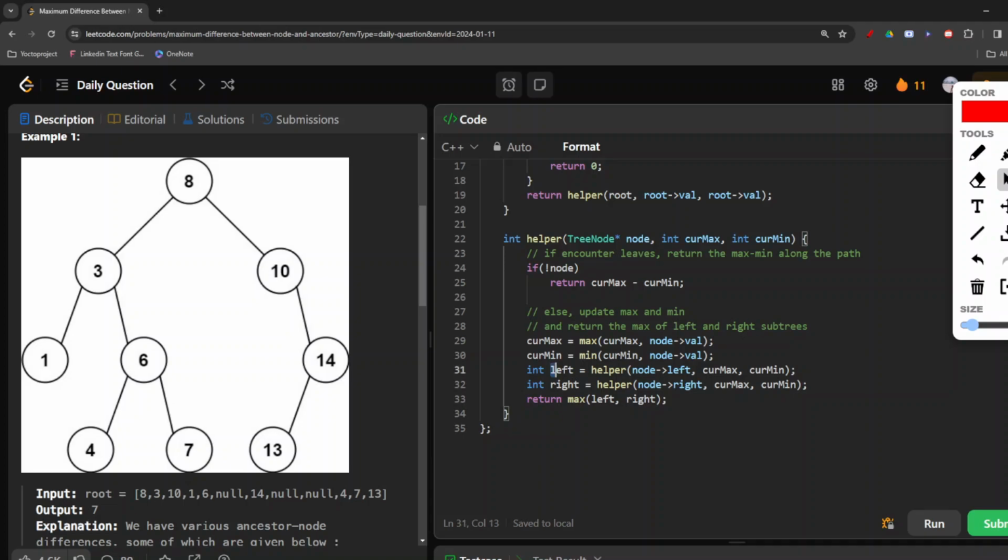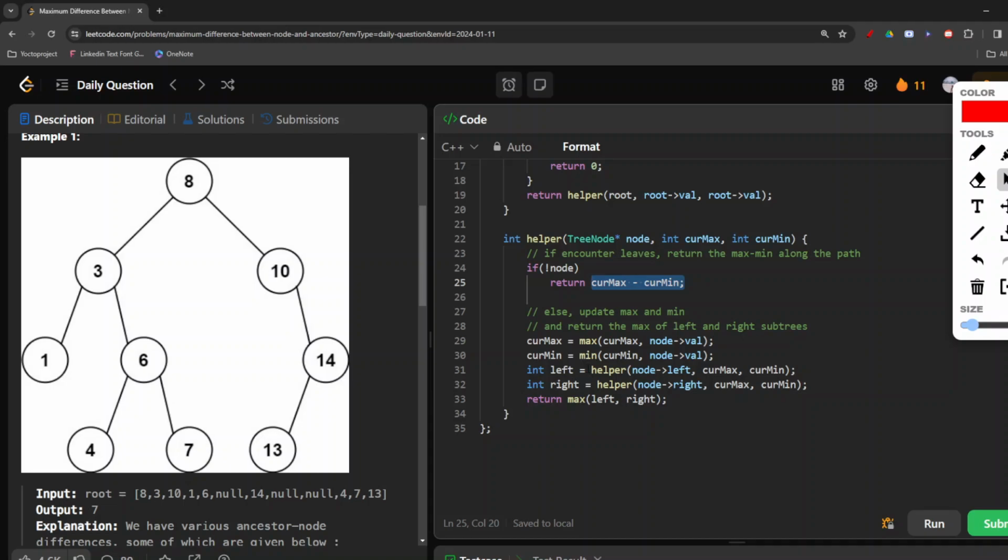At this point when we are reaching a leaf, there would be some maximum and minimum value, right? So out of that, whatever is the difference, because whenever we reach a leaf node in this left subtree, at that point it will be returning this. And whenever we reach a leaf node in this right subtree, then again it will be returning this difference.